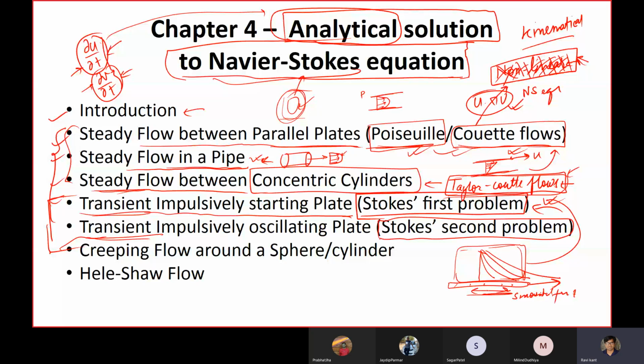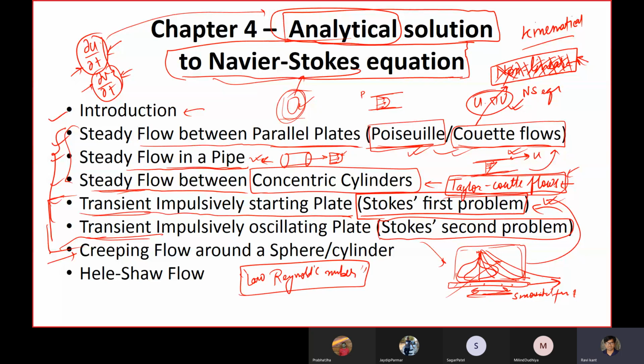Lastly, we can also expect some analytical solutions in our low Reynolds number cases. So in low Reynolds number, what is the advantage?